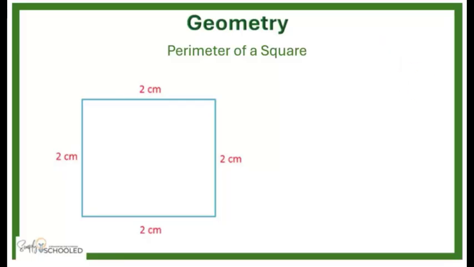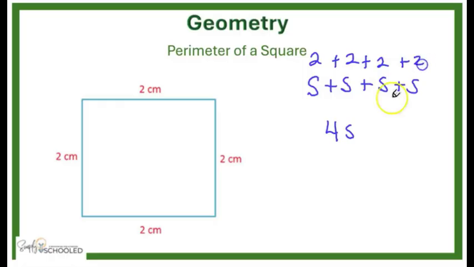Now it can be a little bit different for some of our common polygons like the square. The square is unusual because all 4 sides are exactly the same. So the formula for the perimeter of a square would be s plus s plus s plus s, or we could use our algebraic skills and say 4s, which means 4 times s, because the side s is the same, 2 plus 2 plus 2 plus 2.